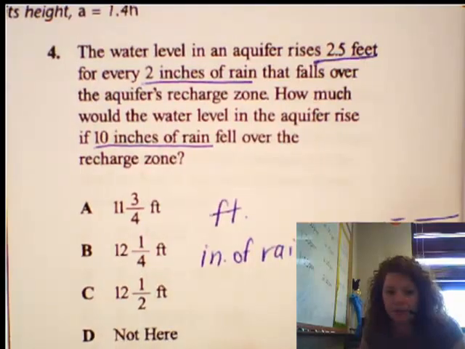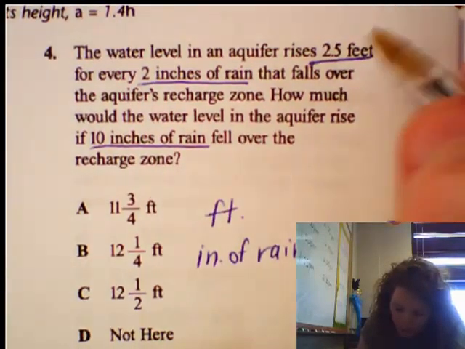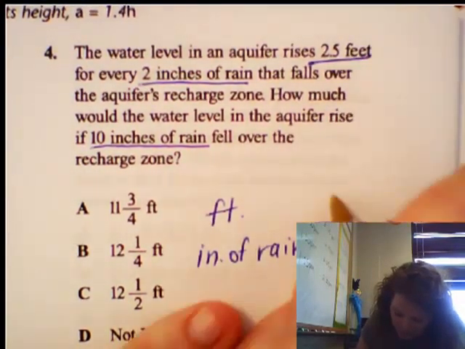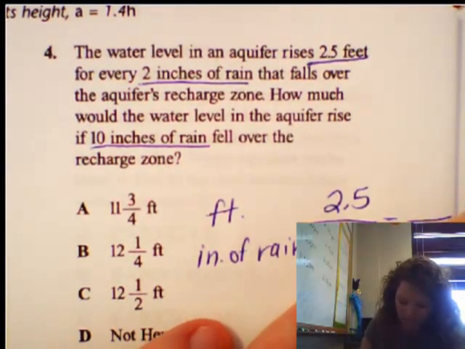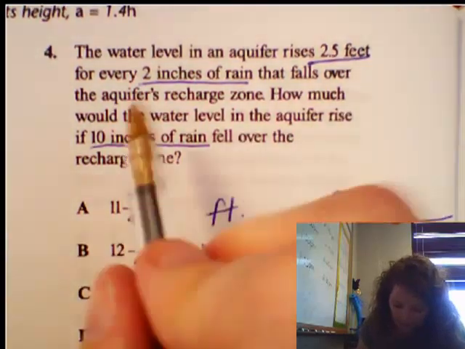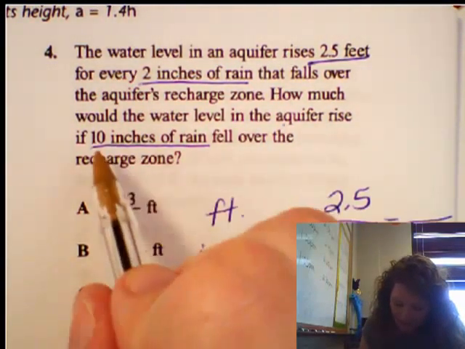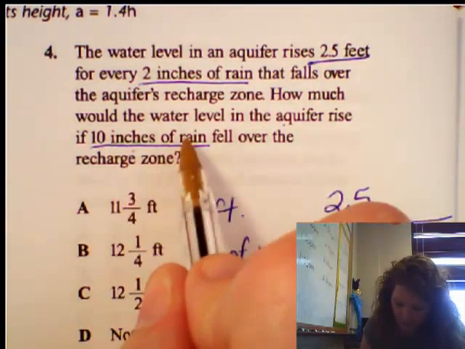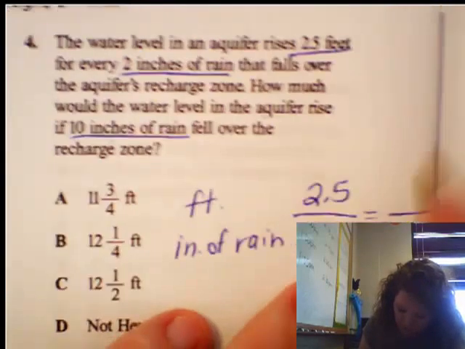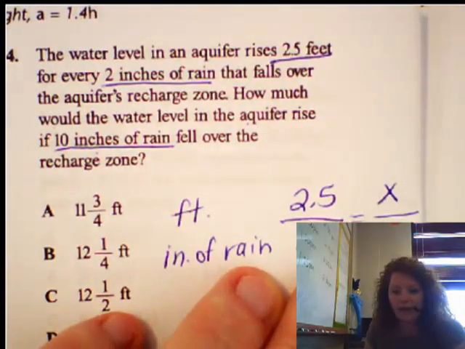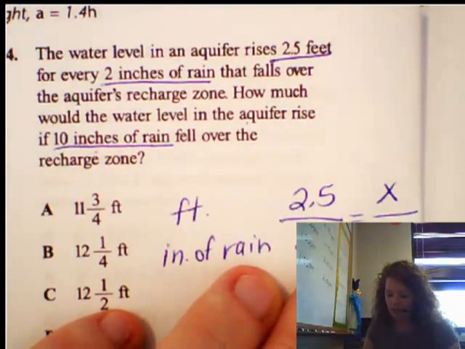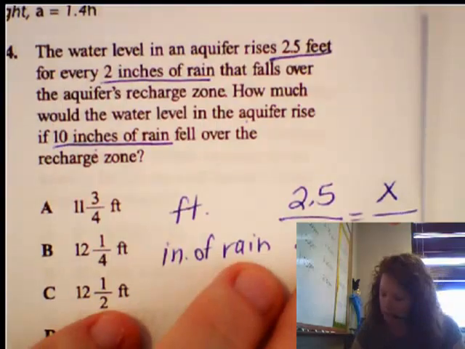So let's set up a proportion. We know that it rises 2.5 feet every 2 inches of rain. So that's a pair. What else do we know? How much would it rise if 10 inches of rain, so 10 inches of rain goes on the bottom, and x is how much would it rise? Okay, we've got our proportion set up. Let's go ahead and work that one out.